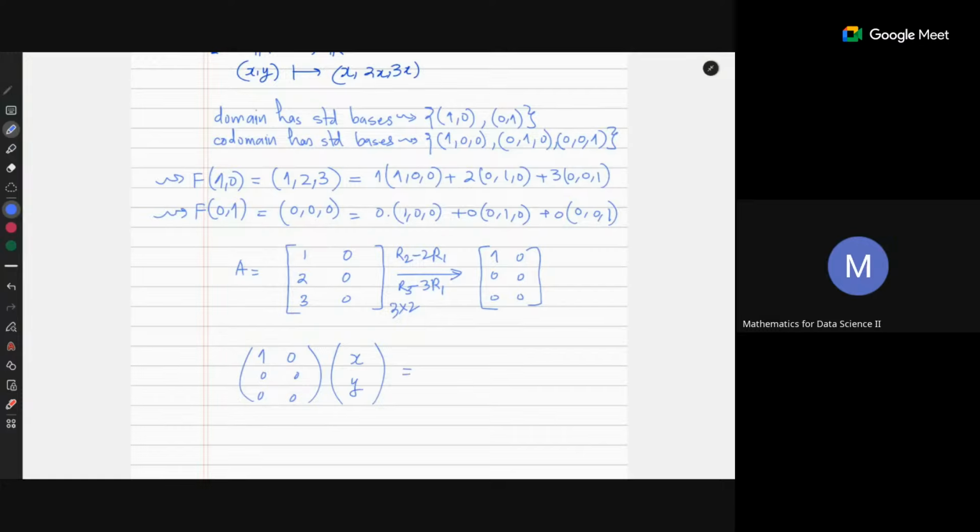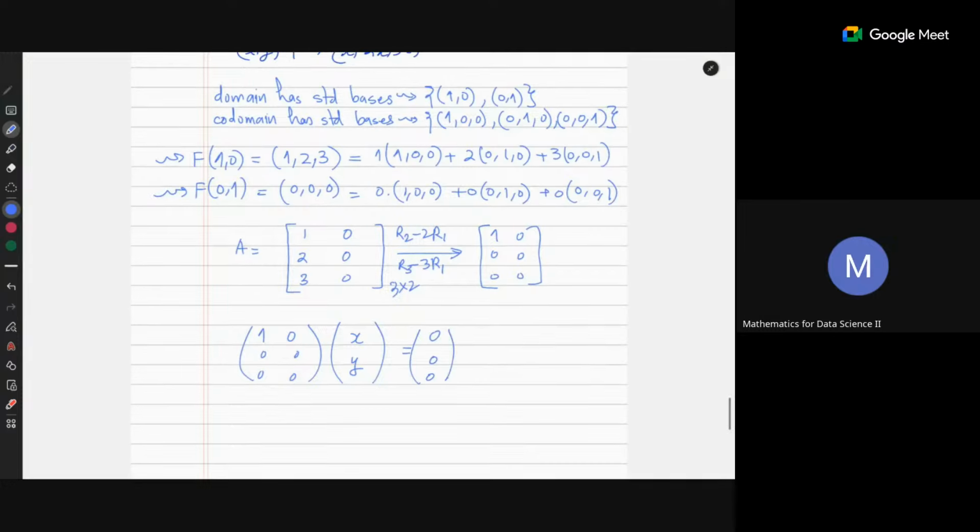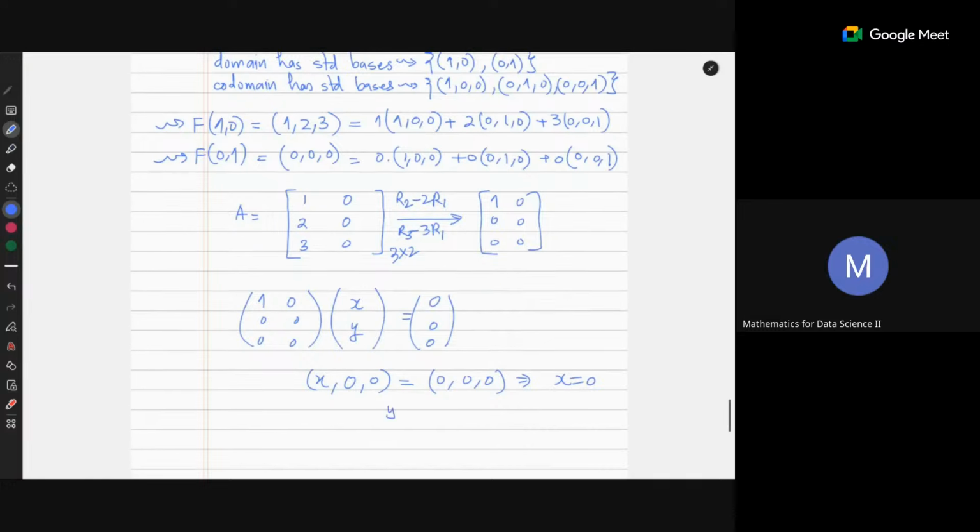Now what will we get? We will get x and we need to equate it to 0, 0, 0, right? So what will we get? We will get x equals 0, 0. So this implies that x is 0, but there is no condition on y.